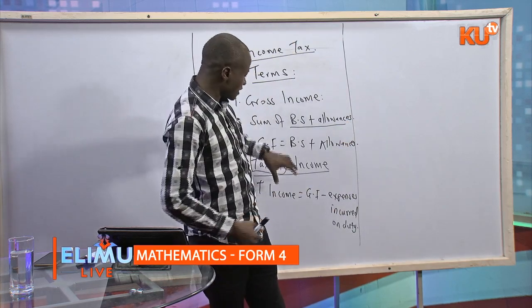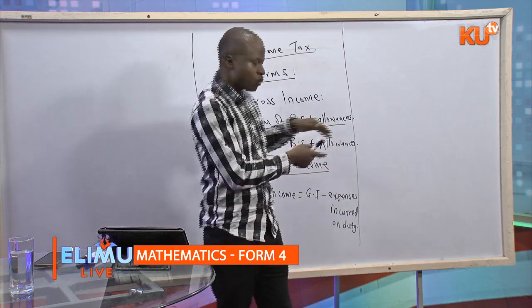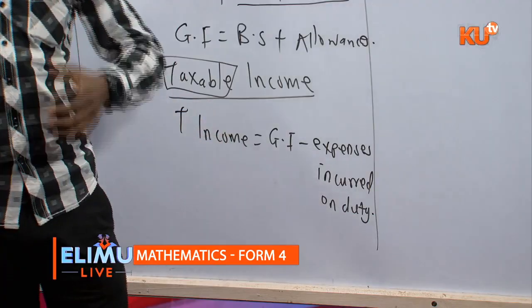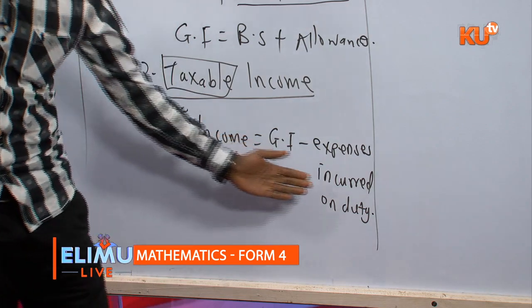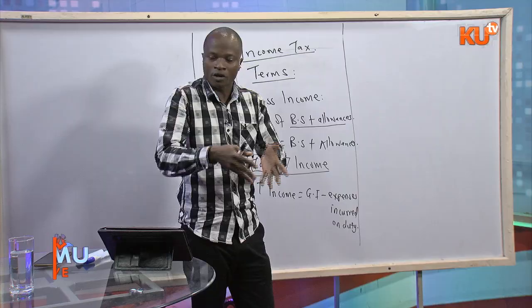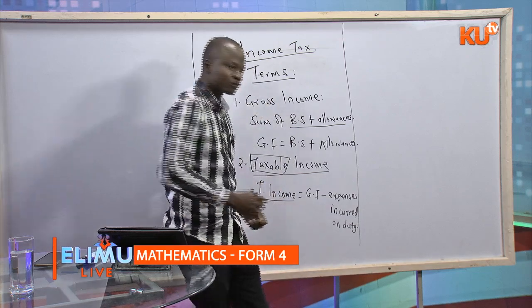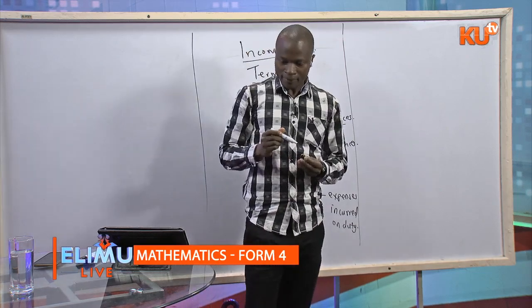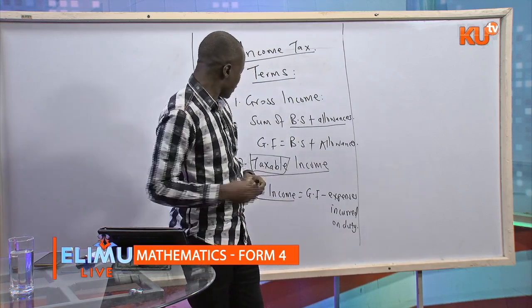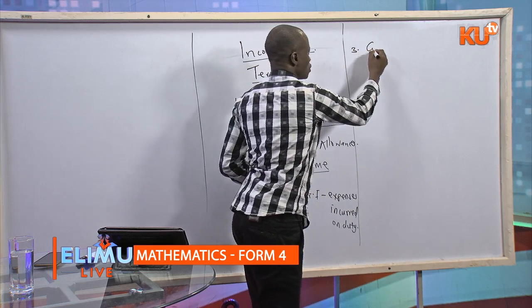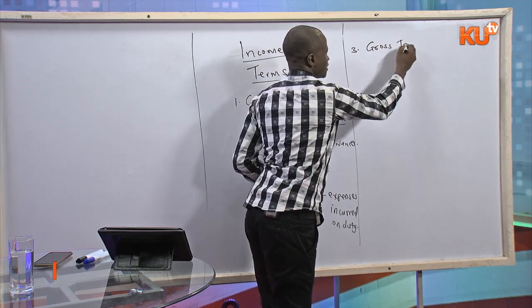So before we tax your income, we take your salary plus the normal allowances, minus what you spend during the month while you are doing your duty, so that we get what we are calling taxable income.